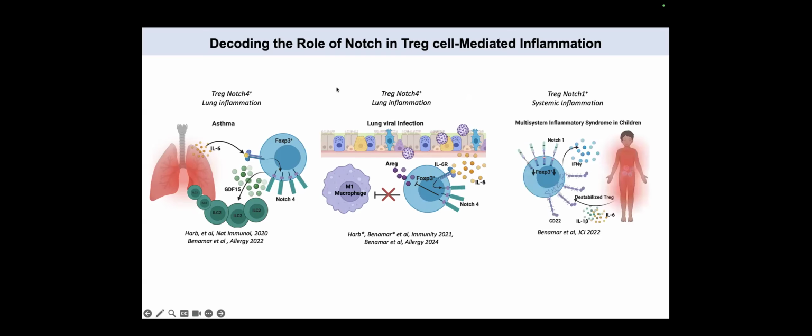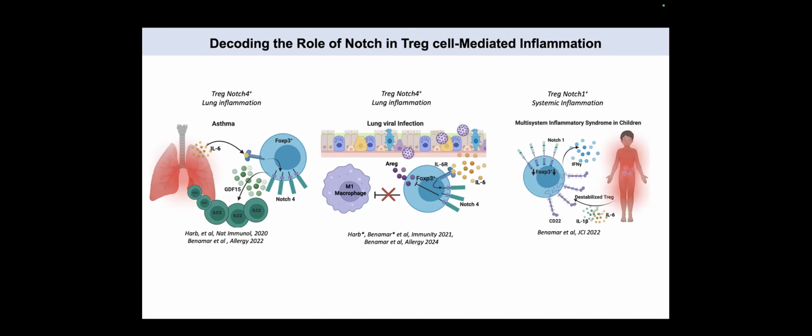More recently, we have shown that another Notch receptor, Notch1, can also be upregulated in Tregs during another type of disease, this time a multi-inflammatory syndrome. What we've shown is that this upregulation leads to a loss of FOXP3 expression and an exacerbation of the systemic inflammation. Based on all these results, we came up with a hypothesis that each Notch receptor will control or participate in a tissue-specific inflammation.